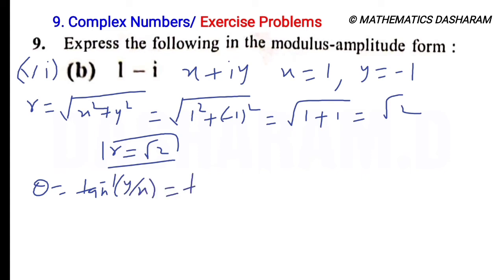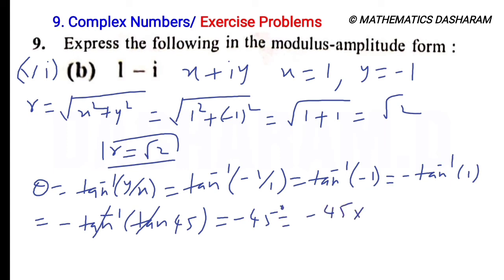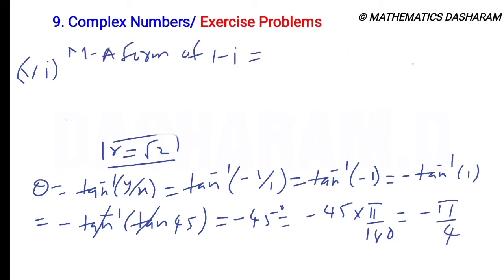Substitute y and x values: minus tan inverse 1, which we can write as tan 45 degrees. Tan inverse and tan cancel, so it equals minus 45. Now convert into radians, multiply with pi by 180, so it equals minus pi by 4. So the modulus amplitude form of 1 minus i is r bracket of cos theta plus i sin theta.